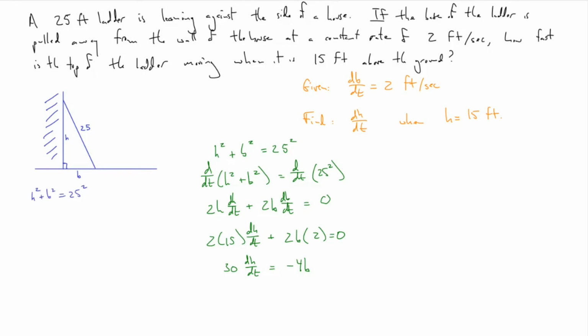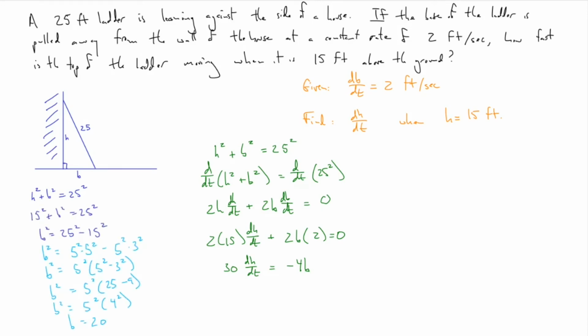And the answer is we have the Pythagorean theorem that tells us that h squared plus b squared is equal to 25 squared. And since we know h, we ought to be able to figure out b. You could just muscle your way through the arithmetic for this computation. I'm lazy and I don't like to, so I look at this and I see that there's a 5 in the 25 and a 5 in the 15, and so there's a 5 squared in 25 squared and a 5 squared in 15 squared.